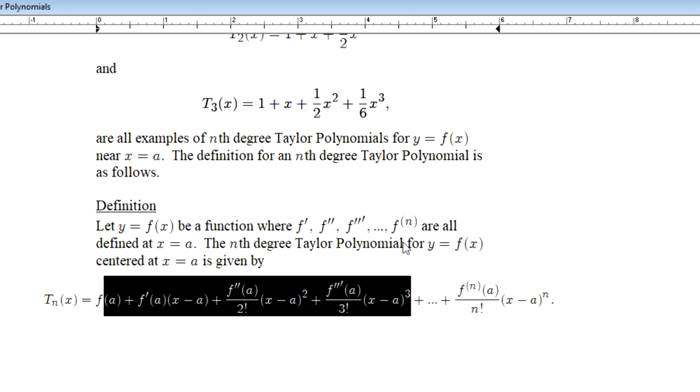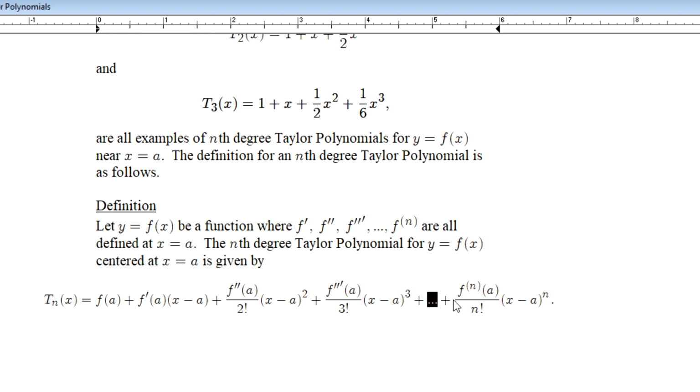For an nth degree Taylor polynomial, that pattern continues all the way out until we're using the value of n in our term, where we're using the nth derivative of f, evaluated at a, divided by n factorial, times this quantity x minus a raised to the nth power. Right? Taylor polynomials are following this established pattern.